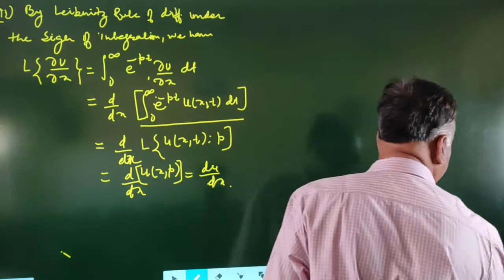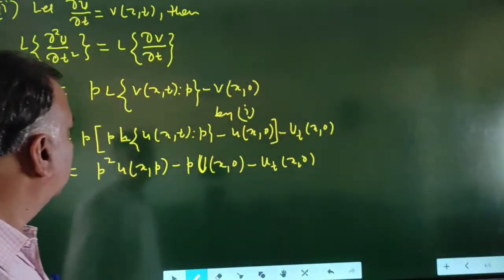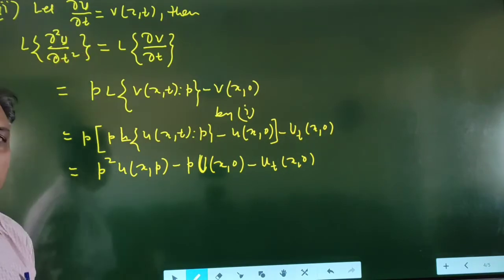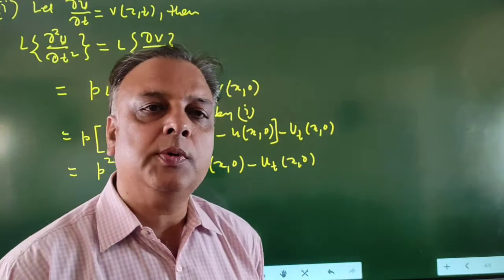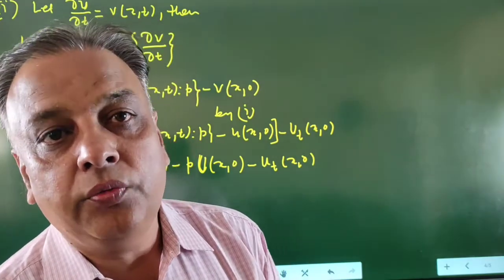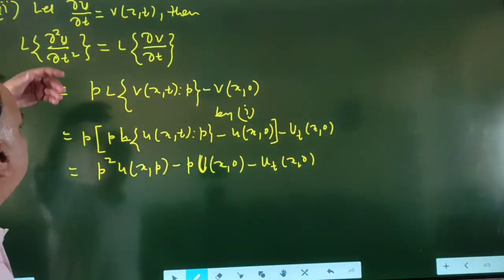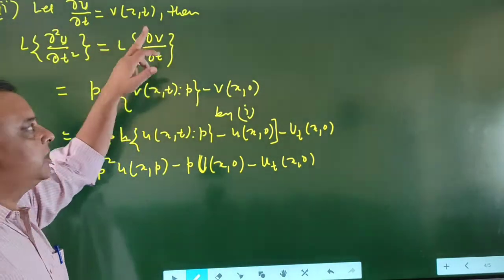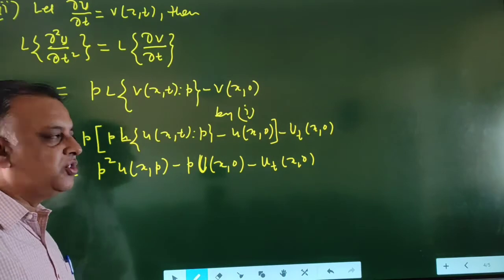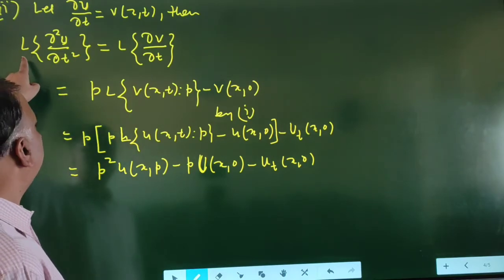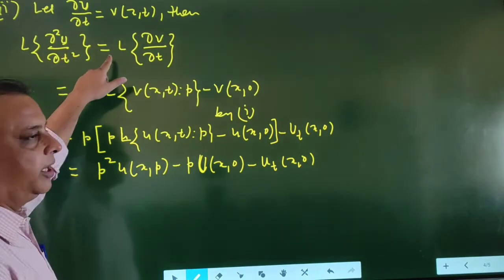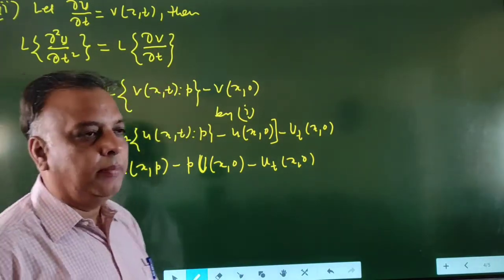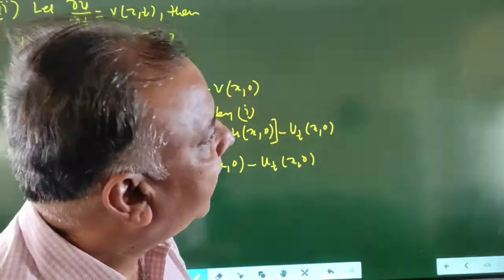Now coming to result 4, we have to prove the Laplace transformation of del 2u upon del t square. We have to find the Laplace transformation of the second derivative of u with respect to t. Now assume that del u upon del t, the first derivative of u with respect to t, is v(x,t). Then the Laplace transformation of the second derivative can be written as the Laplace transformation of del v upon del t.